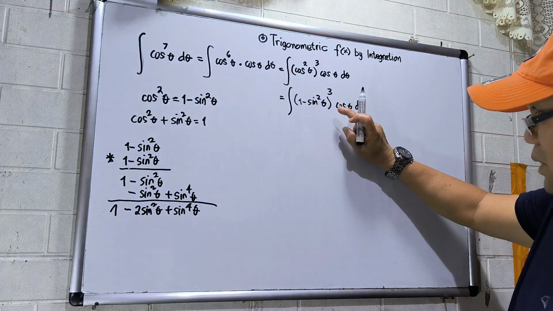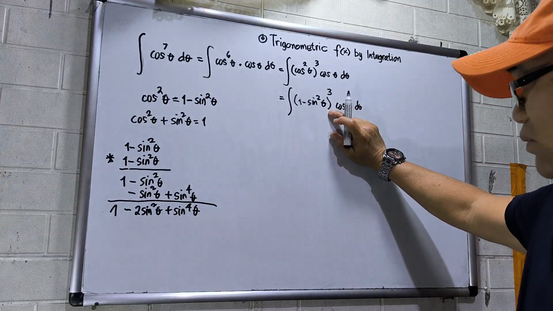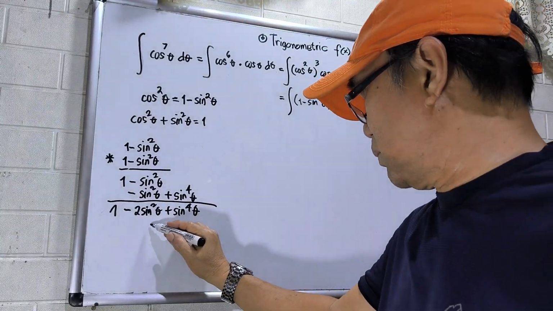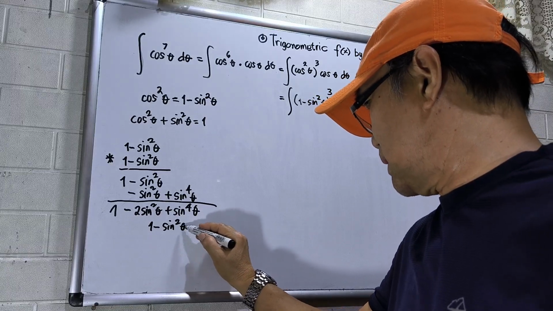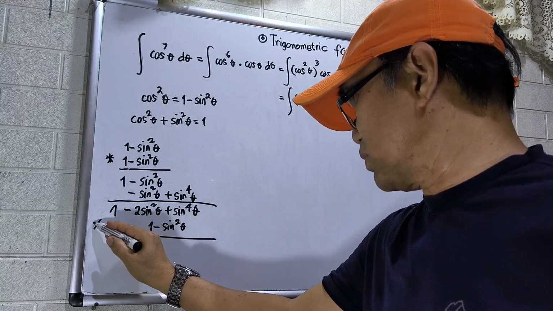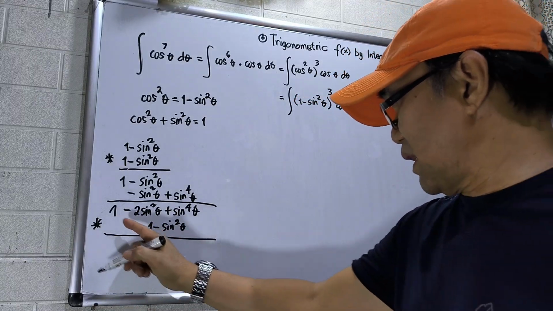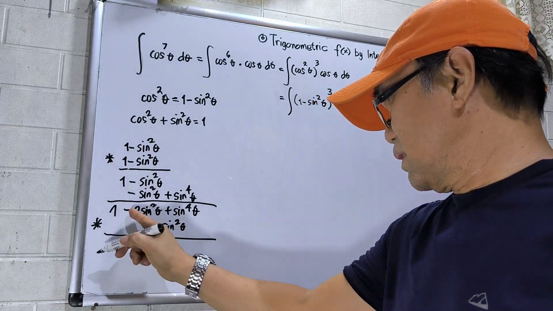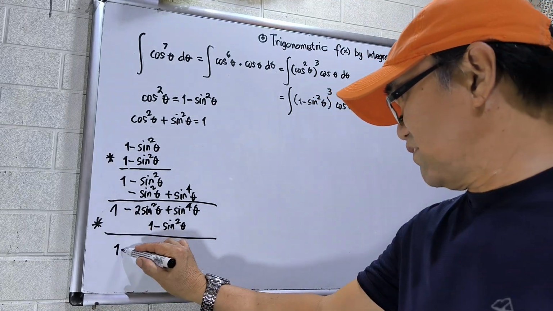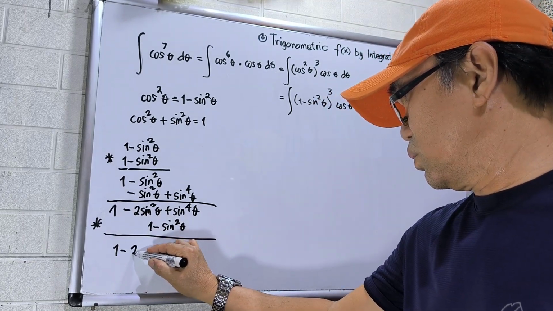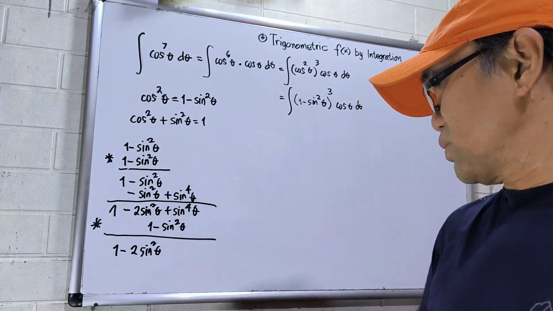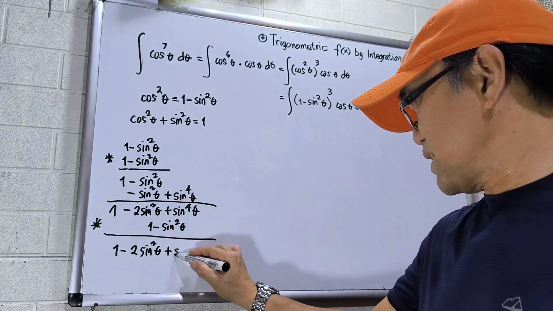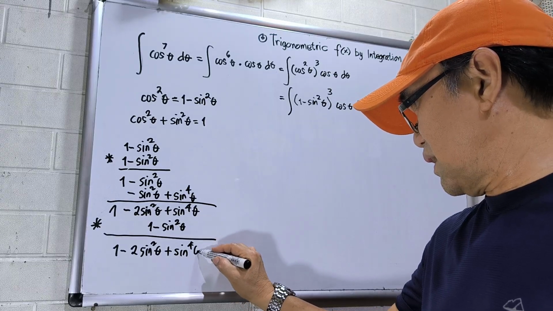Okay? So we need 1 more because this is to the power of 3. So I need 1 minus sine squared theta. Again, this is multiplication. So 1 times 1, that is 1. Then negative 2 sine squared theta. Then this will be plus sine to the 4th theta.